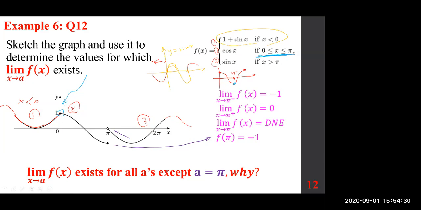And when you lift it up by 1, you do get this portion, if you will. And there is a hole here. Then the second portion is cosine x, and it fills up that hole, and it continues only up to pi. And then from pi, the function sine x takes over. I hope it's straightforward.